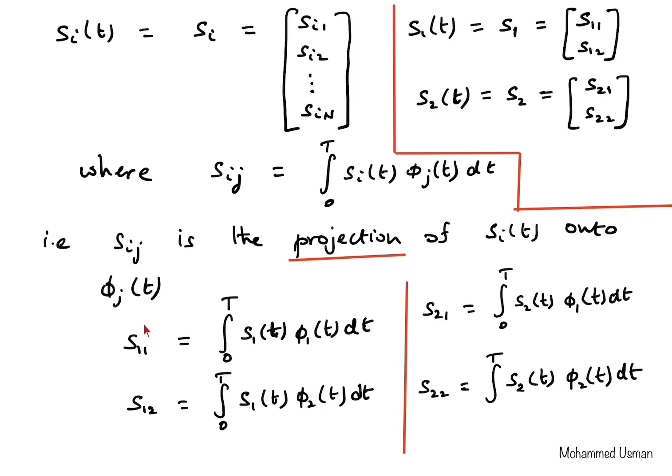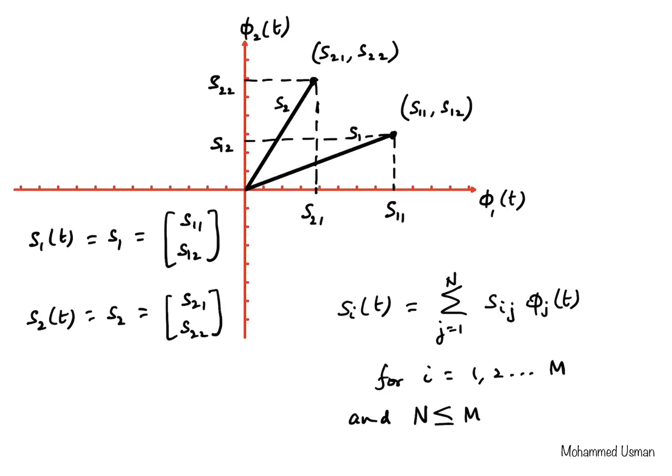That's basically the second equation here. So we take Si of t, multiply it with the basis function, and integrate from 0 to T. That is basically computing the projection of the signal onto each of the basis functions. That will give us the corresponding vector elements Si1, Si2.